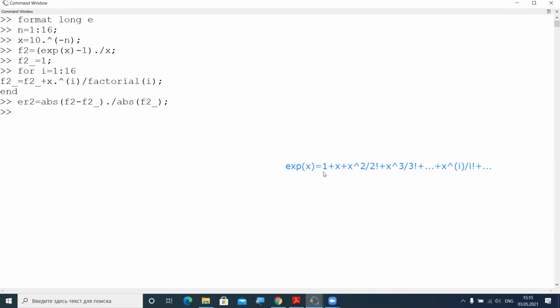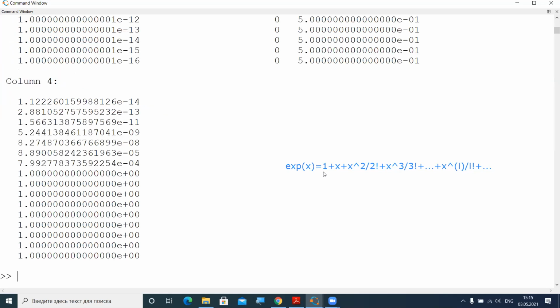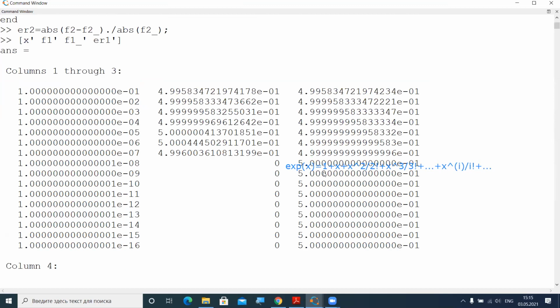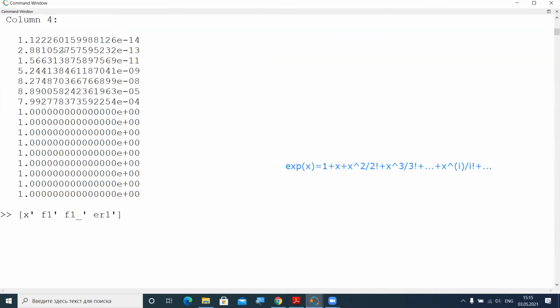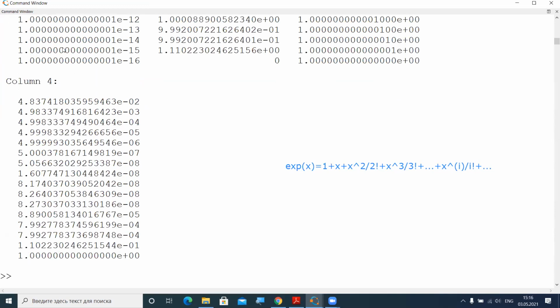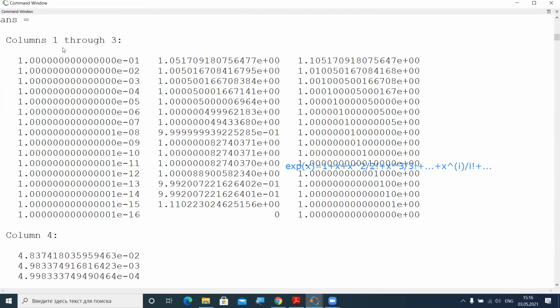Okay, now let's do the table of the values. You can see here, sorry, this is for F1 and error 1, the previous one. We need to change it. So let's change just ER2, F2, and F2 again. So now you can see here the result.